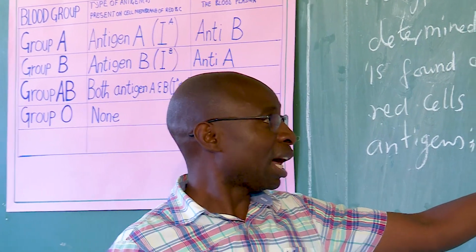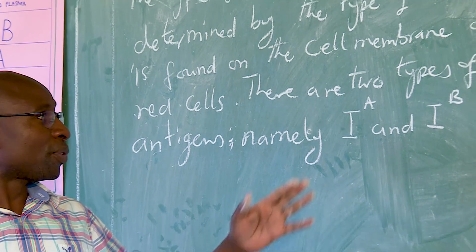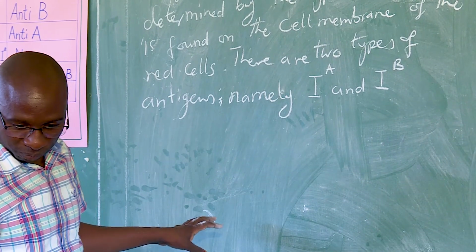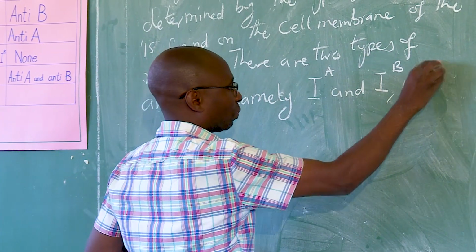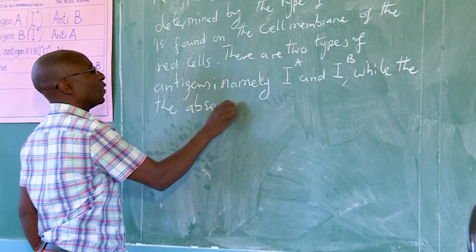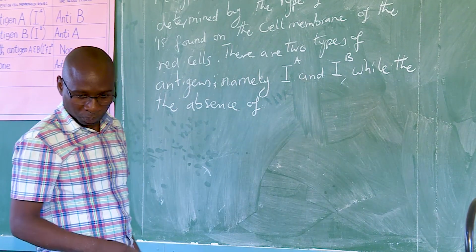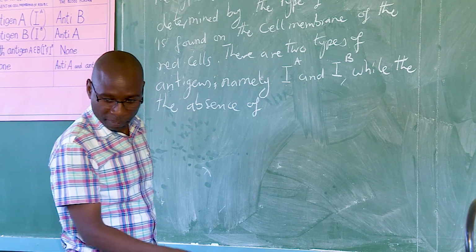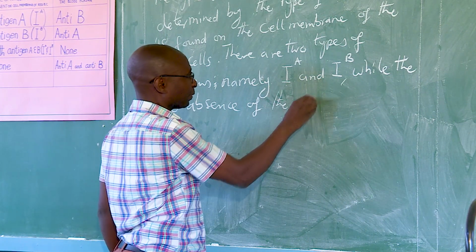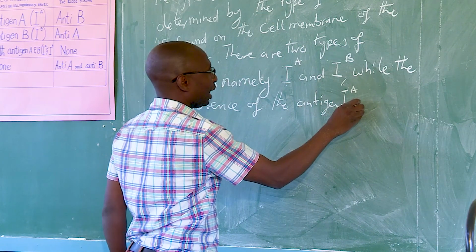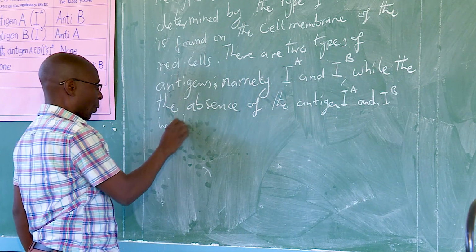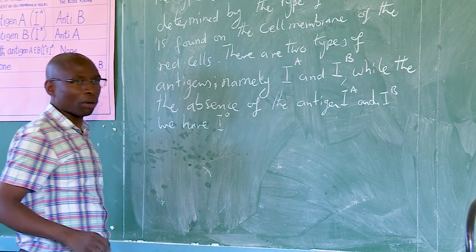That's when we don't have antigen A and antigen B, we have antigen O. Okay?